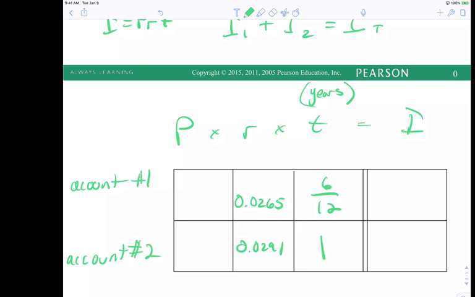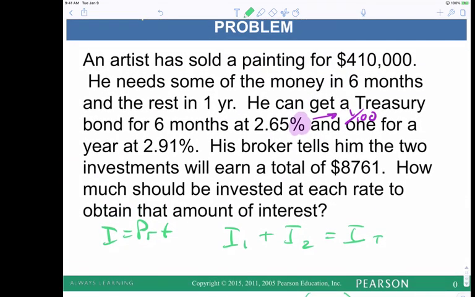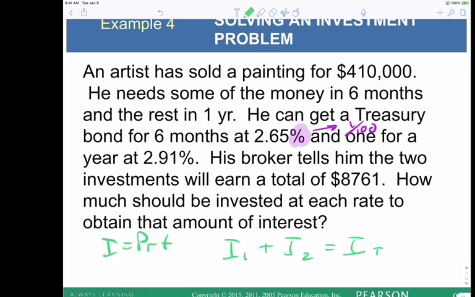Okay, so if we're going to invest X amount of dollars into account 1, how much is going to account 2? Where's the amount of money coming from? The principal.